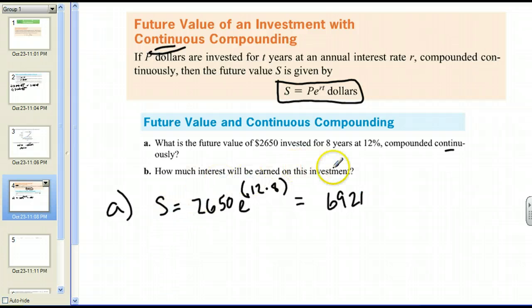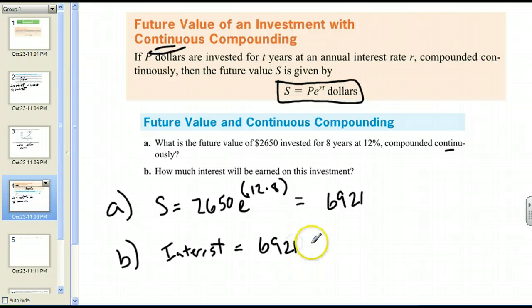Now, how much interest will be earned on the investment for part B? Remember, this tells you how much is in there. The interest is what we started with, taken away from what we ended up with. So interest equals the 6921 minus the 2650.